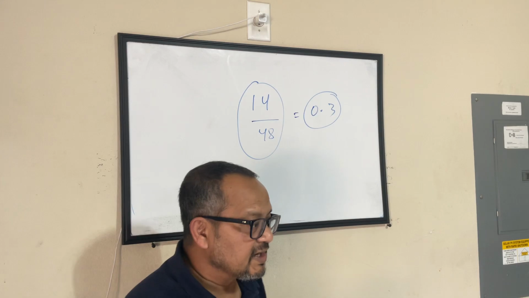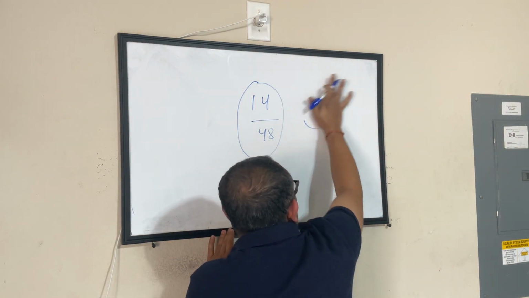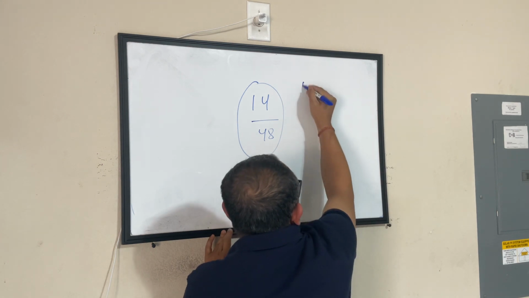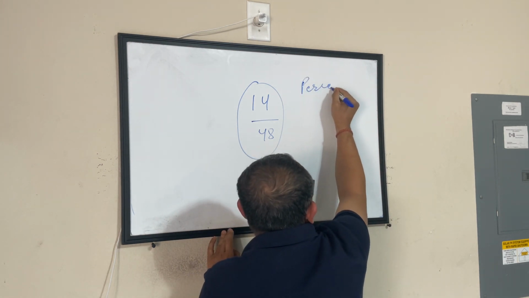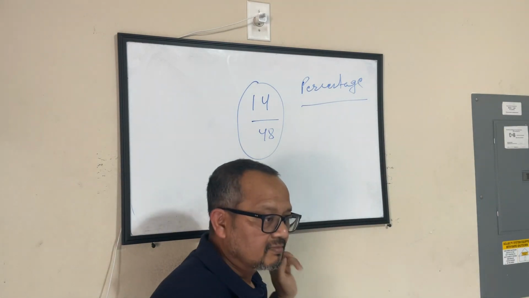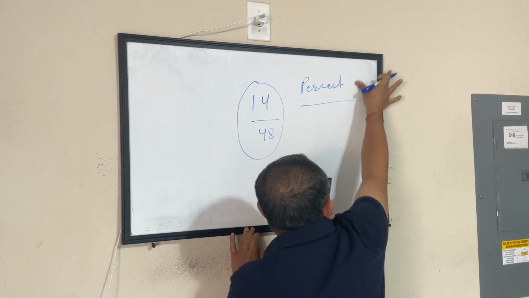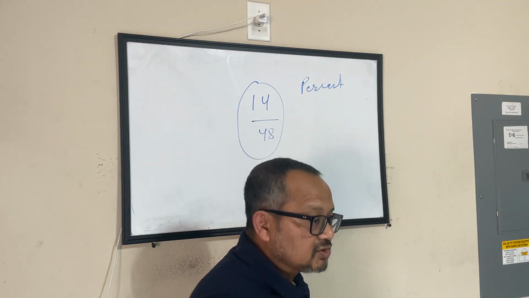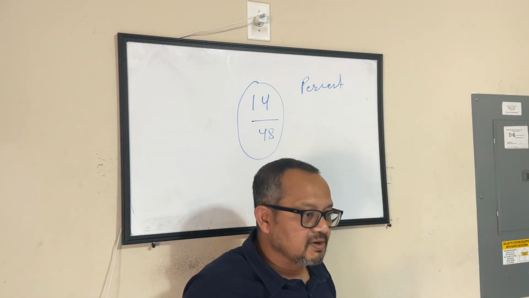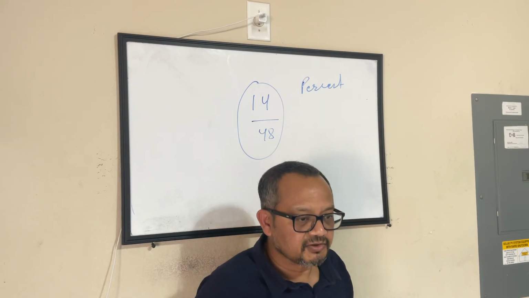There's another way in which you can represent that, and that is called percentage, or percent, whatever you call it. Percent everybody would have heard at least 5,000 times. There's nothing new that I'm teaching you guys today.